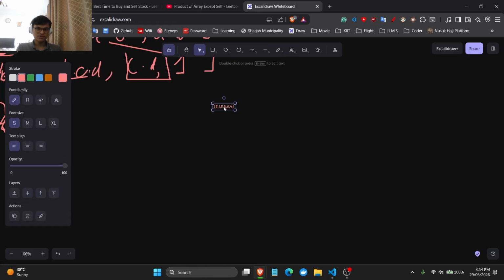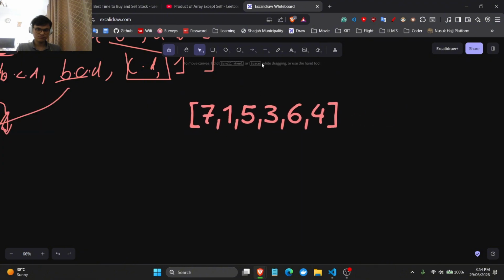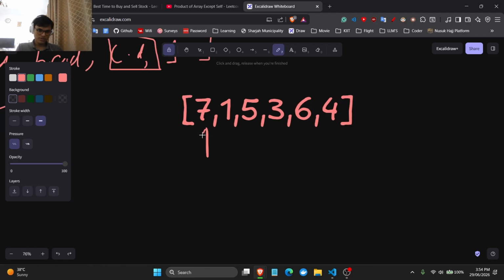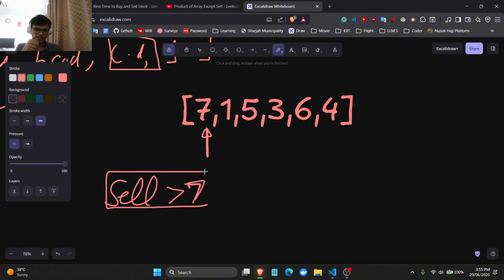It's just something that we can start off thinking about. If I am buying a stock on this day for 7, in order to make a profit, I have to sell at some value greater than 7. That value could be anything, but it has to be greater than 7. If it's equal to 7, that's not a profit, that is still going to be 0.